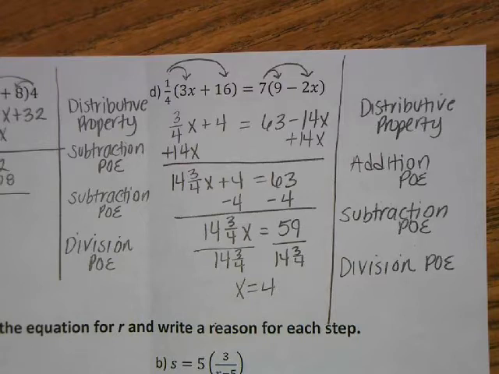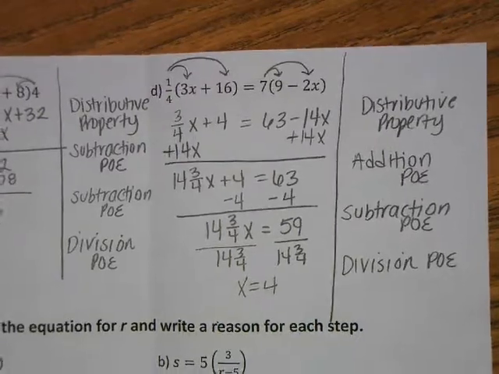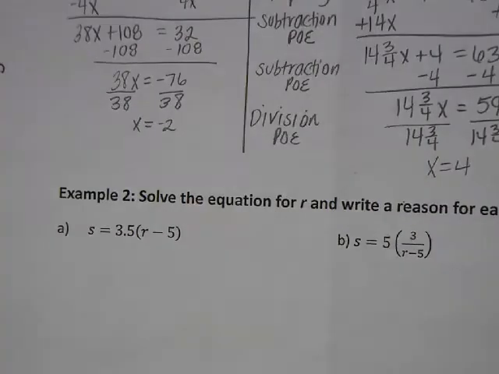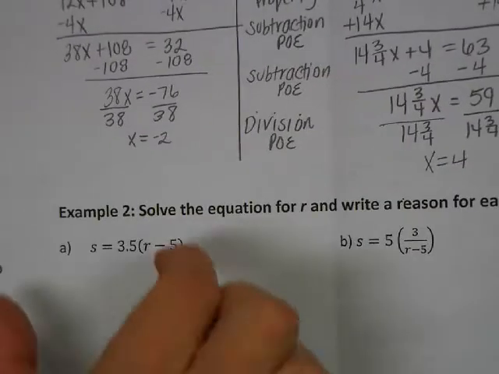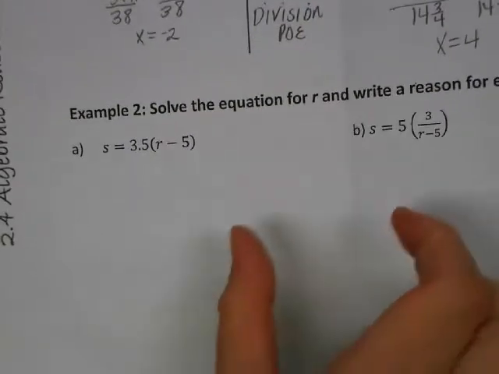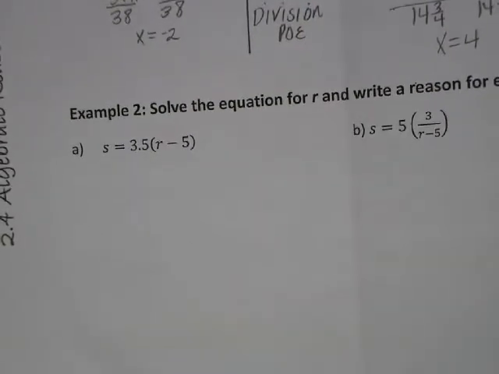Okay, we're going to do the same steps in example 2, but this time we are isolating the variable r. So we're not going to get a numerical answer like we did in example 1. But we still have to do all of the algebraic work and then a reason for each step.